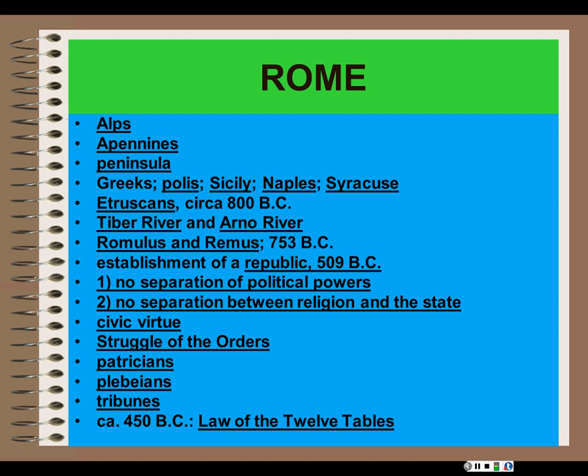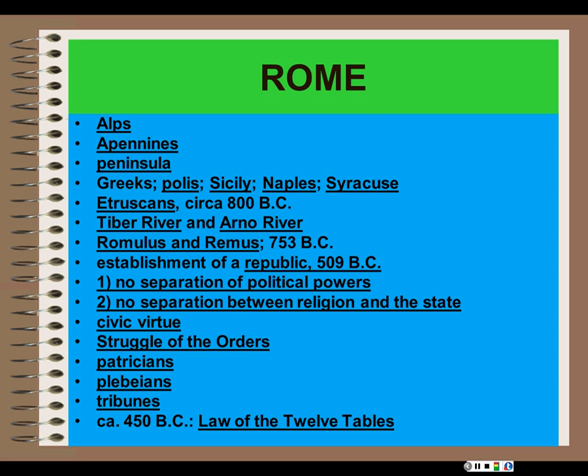That is, they should be virtuous. They should have an understanding of their responsibilities to the Roman state, to the Roman Empire, their need to be cooperative with one another, and their need to work for the common good of the state, to not be individualistic, to not be self-centered.